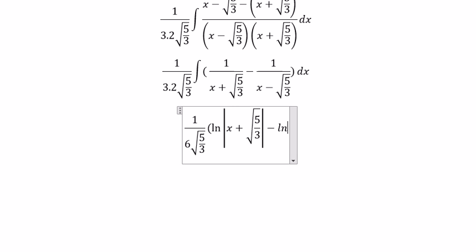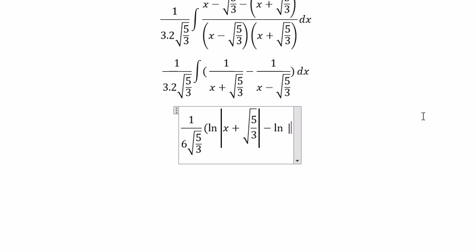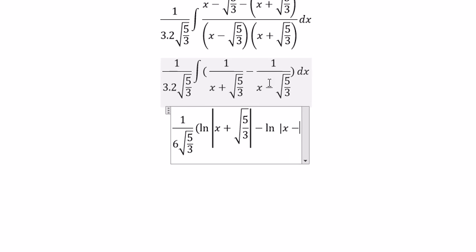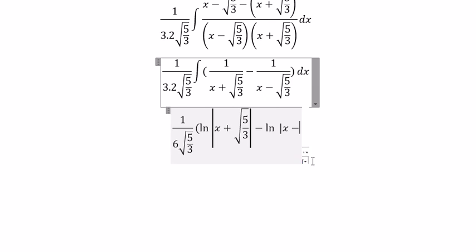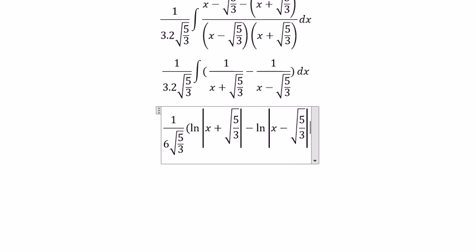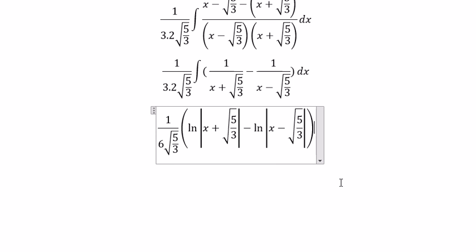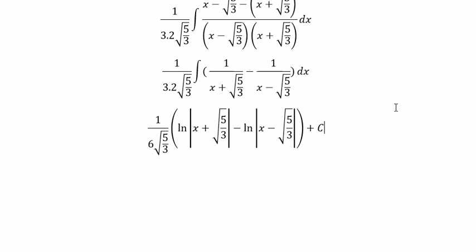And we got the next one, that's about the absolute value of x minus the square root of 5 over 3. And this is the final answer.